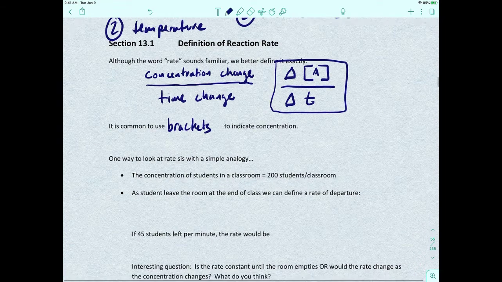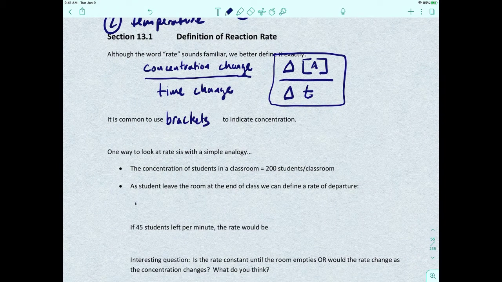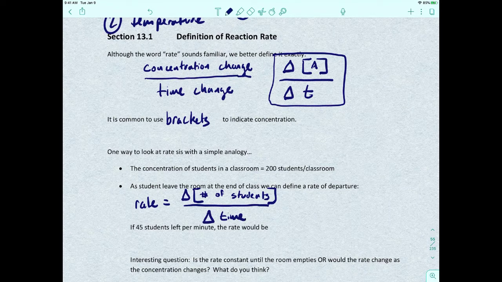The rate would be equal to the change, and I'm going to use another set of brackets, and inside the brackets, I'm going to say the number of students, divided by the change in time. And so that would be our rate.